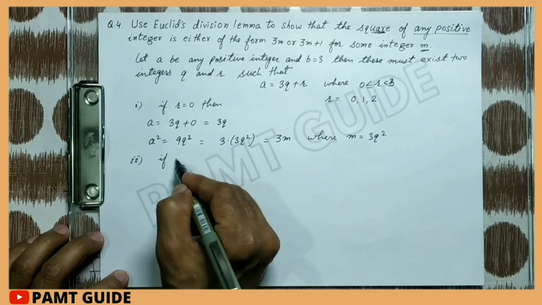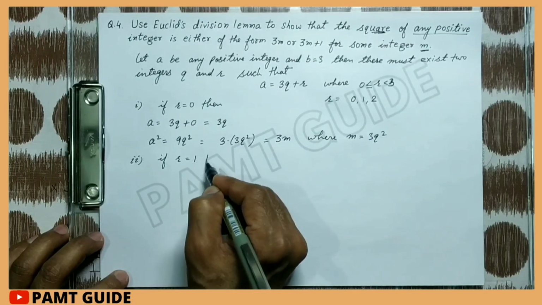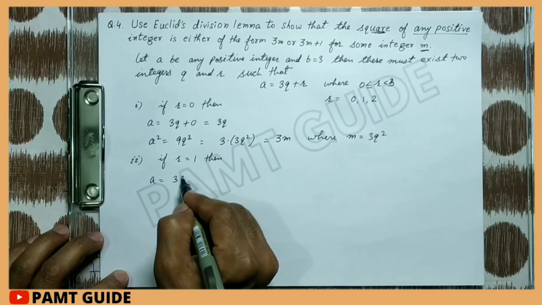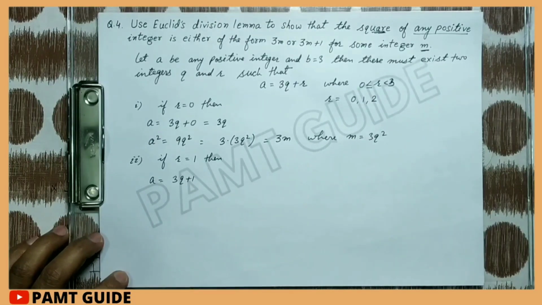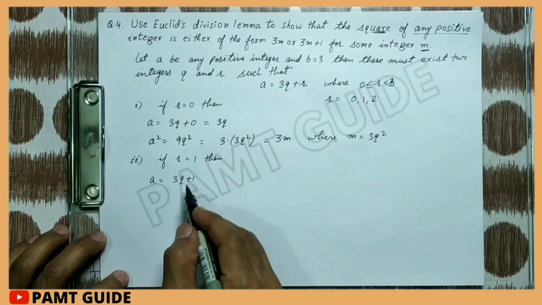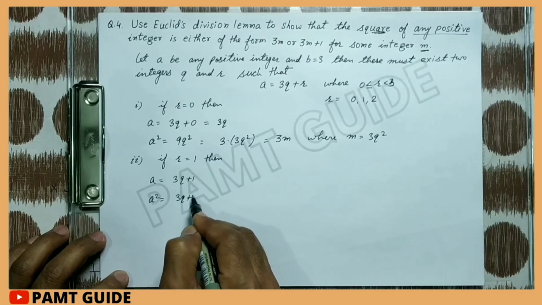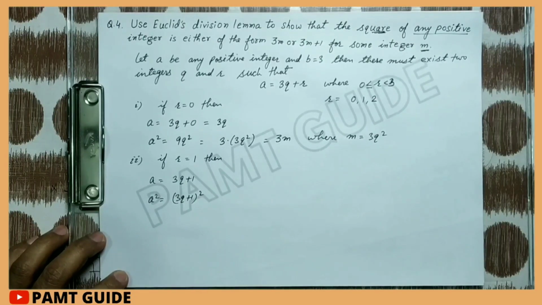Second, if r equal to 1, then a will be 3q plus 1. Squaring both sides again, a square is 3q plus 1 whole square.